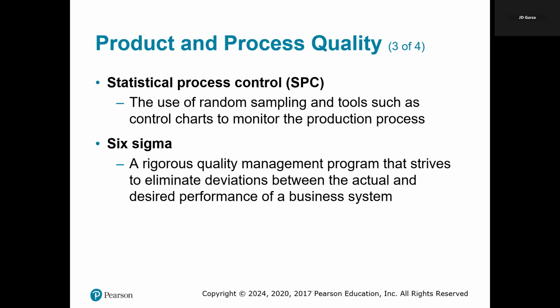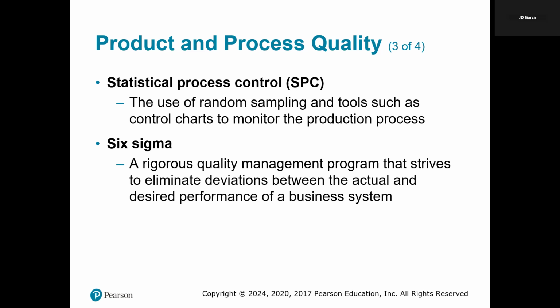And then, of course, you have Six Sigma. This is a more rigorous data driven approach that aims to reduce defects and variations in the process. It seeks near perfection performance, aiming for no more than 3.4 defects per million opportunities, meaning that Six Sigma uses tools like DMAIC, meaning define, measure, analyze, improve, and control, to systematically identify and eliminate inefficiencies in processes.